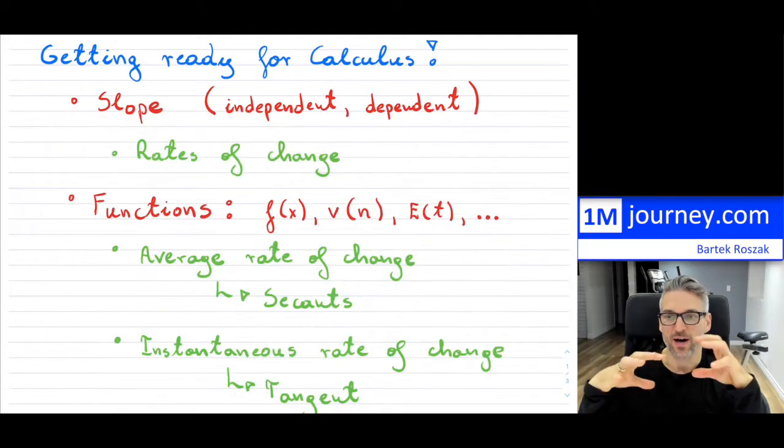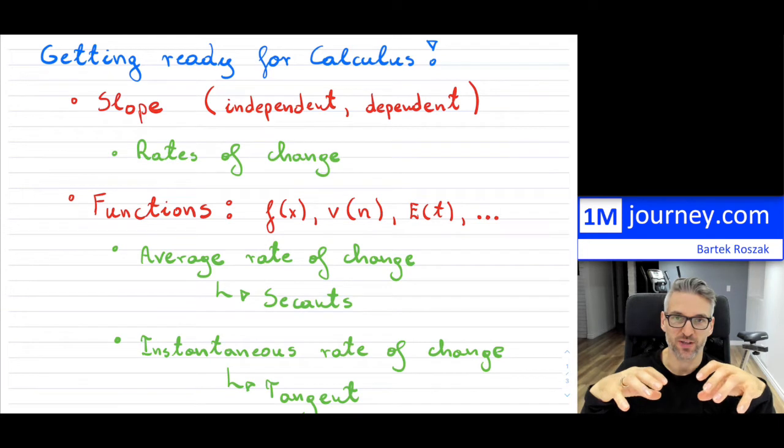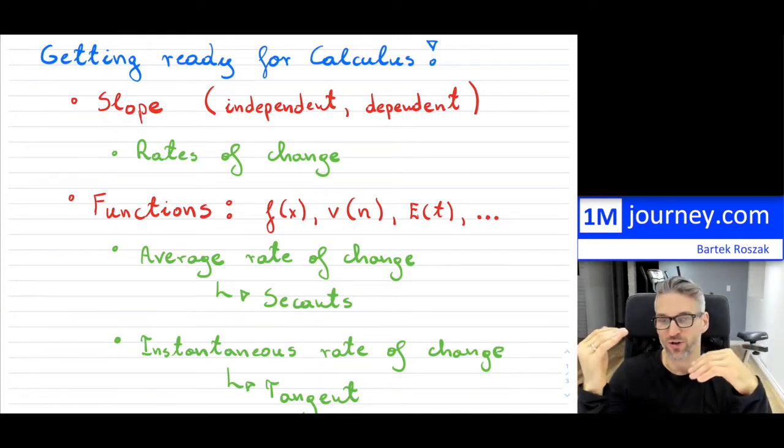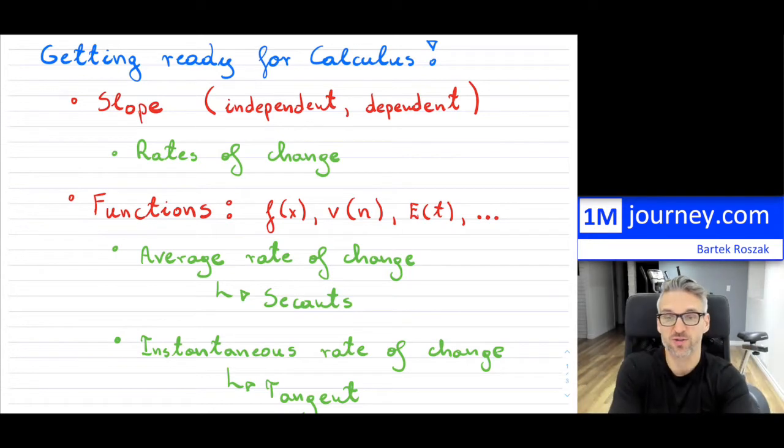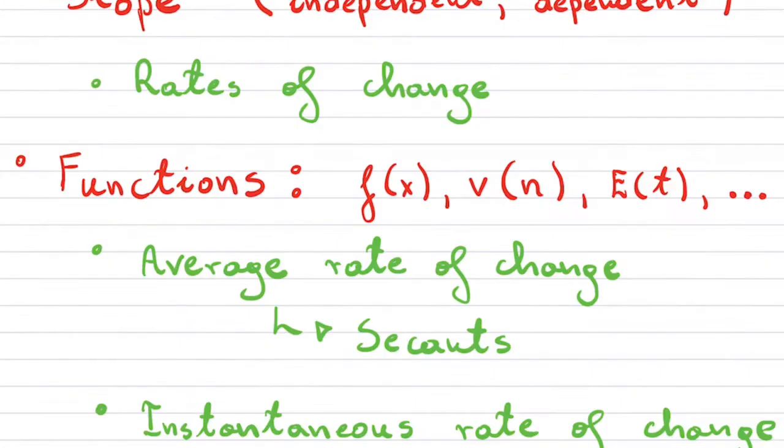Okay? Now, those rates of change are going to be applied to functions, to your functions courses. How you define your functions, you can see here on the screen: f of x, v of n, e of t, whatever.